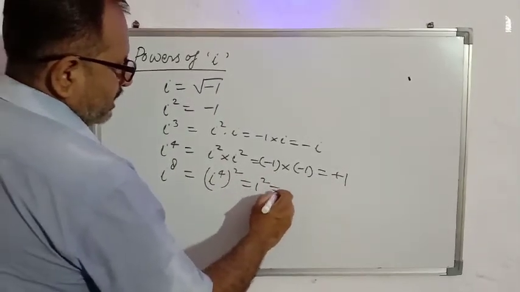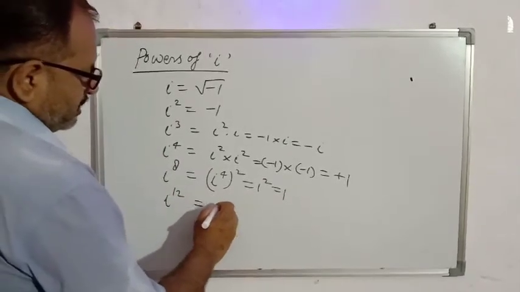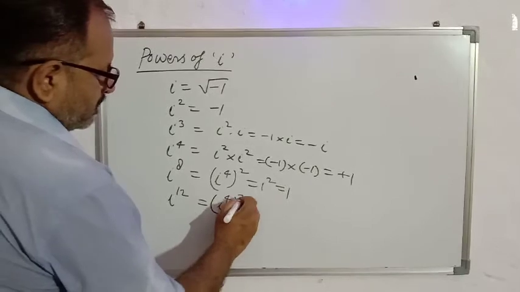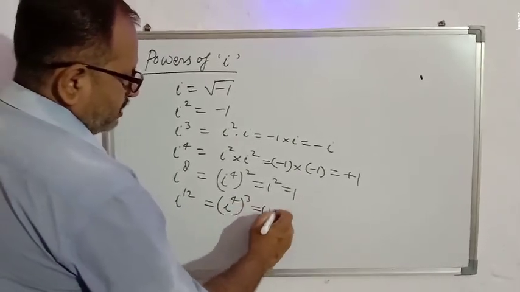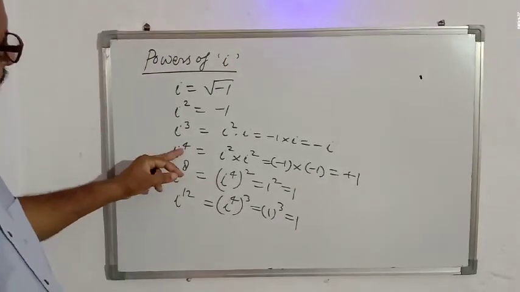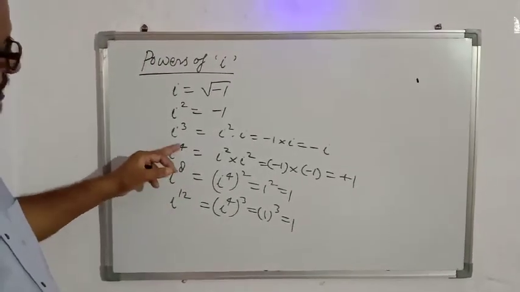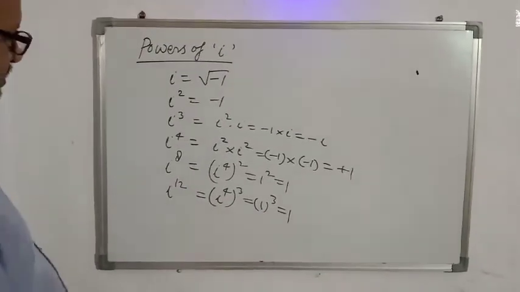So 1 square is 1. If we take i to the power 12, we can write it as i to the power 4 whole cube, 4 times 3 is 12. i to the power 4 is 1, 1 cube is 1. So we see that if the power is a multiple of 4, its value comes 1.